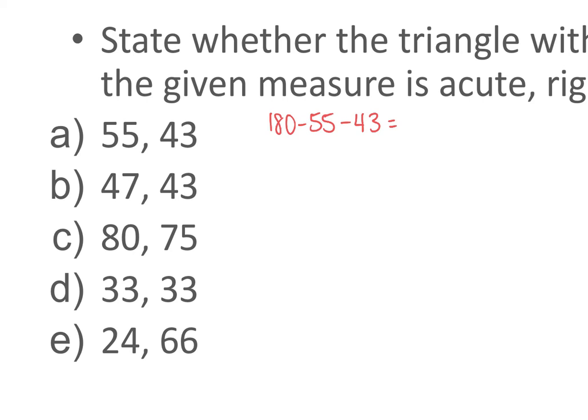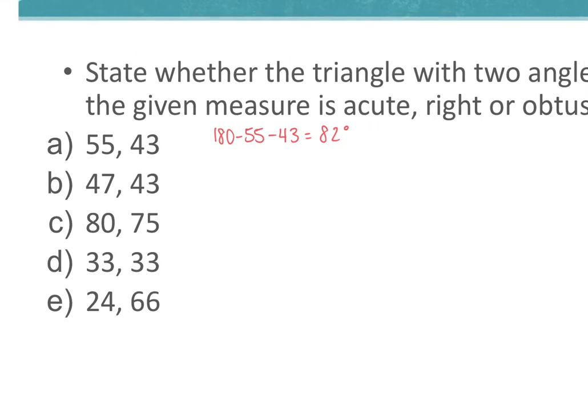That will tell us whether it is acute, obtuse, or a right triangle. 55 and 43 added together give me 98. Take that away from 180 and you get 82 degrees. All of those three angles, 55, 43, and 82, are all acute, so this is an acute triangle.